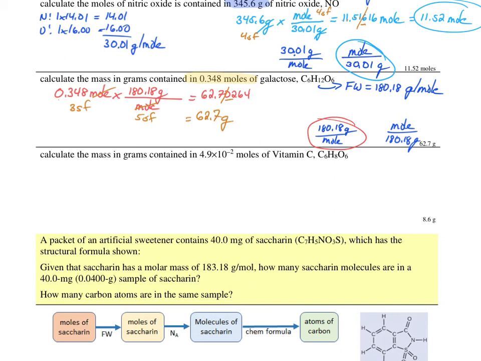All right, this next problem is also going to involve a formula weight. If we calculated the formula weight, and please confirm this, we would find that this formula weight for vitamin C is equal to 176.14 grams per mole.